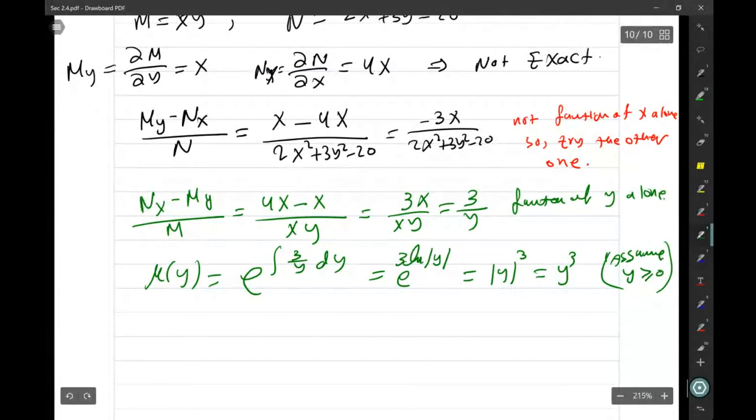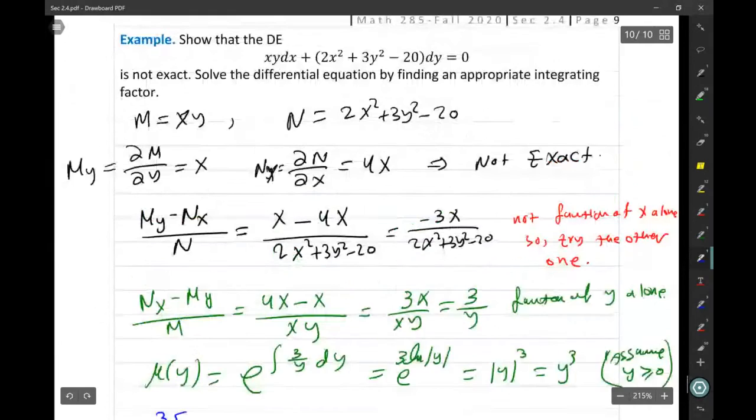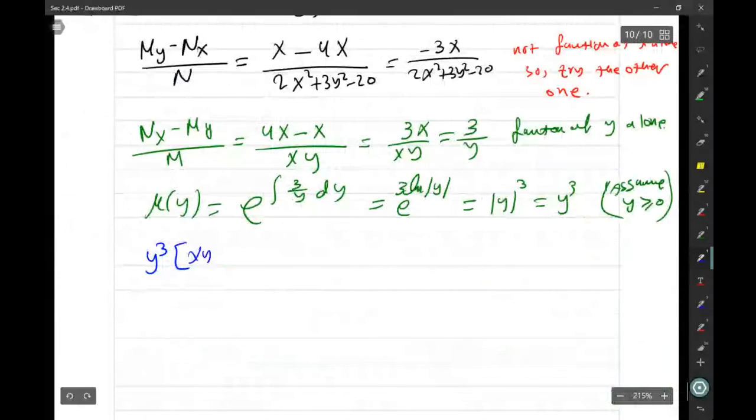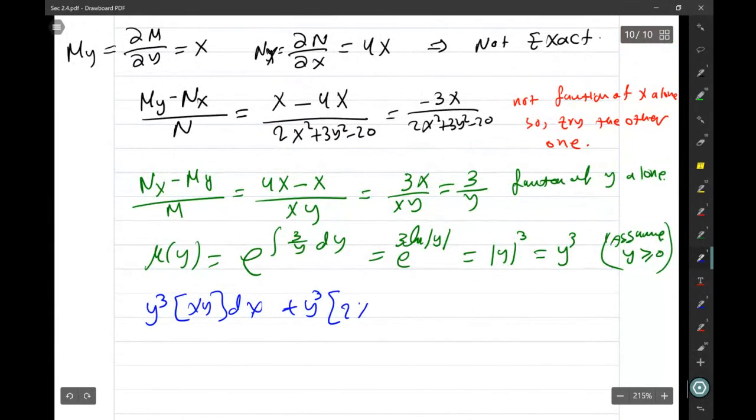Now multiply both sides of the equation by y to the power 3. Y to the power 3 times the original equation: xy dx plus y to the power 3 times (2x squared plus 3y squared minus 20) dy.